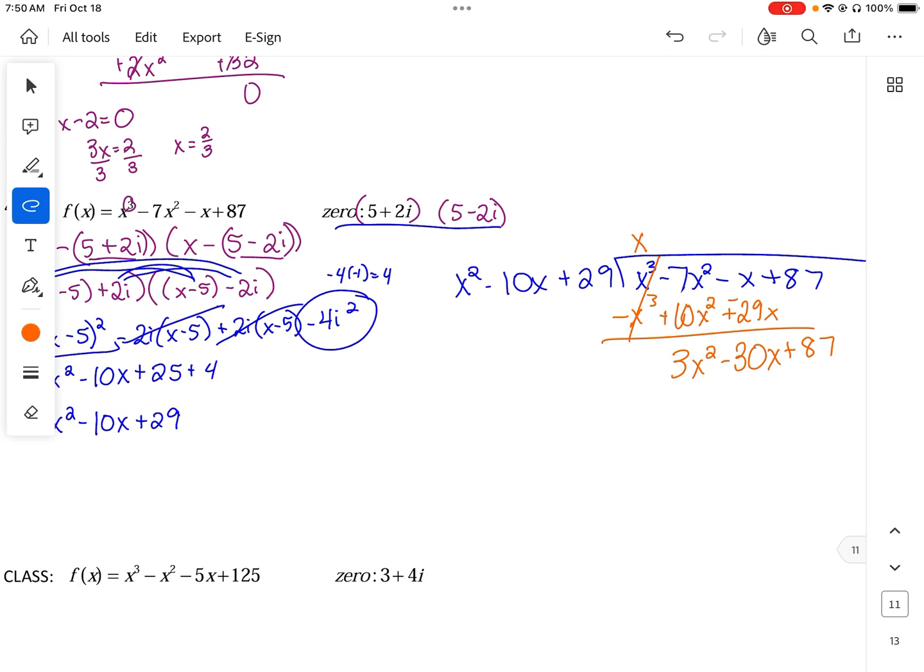So that means this needs to be a 3. So plus 3. 3 times x squared is 3x squared. 3 times negative 10 is negative 30x. 3 times 29 is positive 87. Now we subtract. Everything cancels, so I have a 0 remainder.